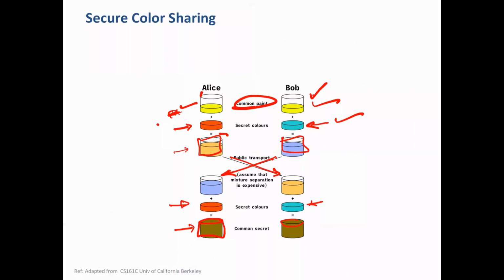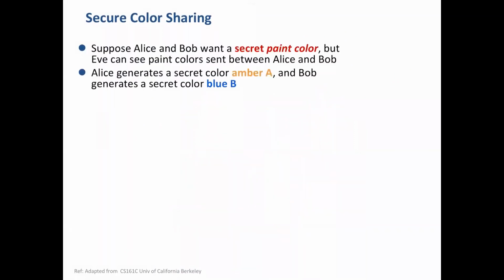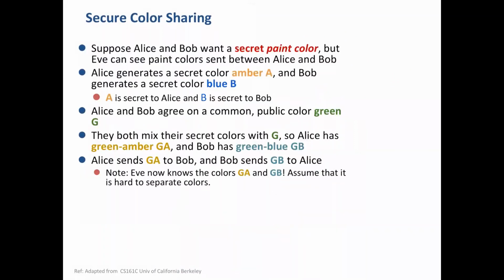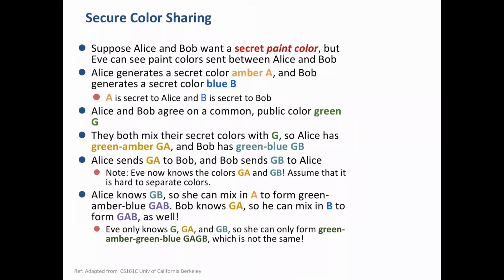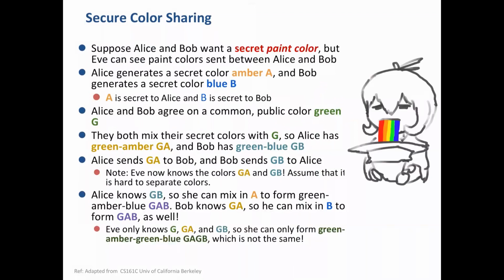In between, what Mallory can do is take these two colors and try to mix them, and then she will get something else. The same thing is shared here. Okay, so let's go ahead. When required, we'll come back to this one.